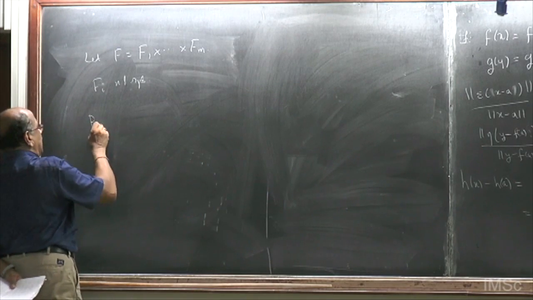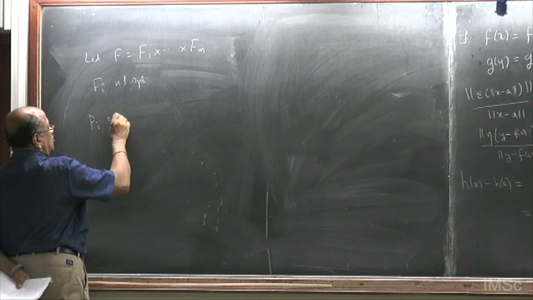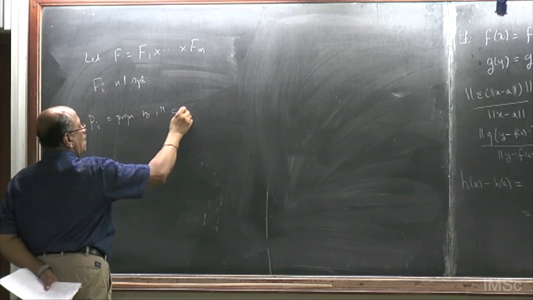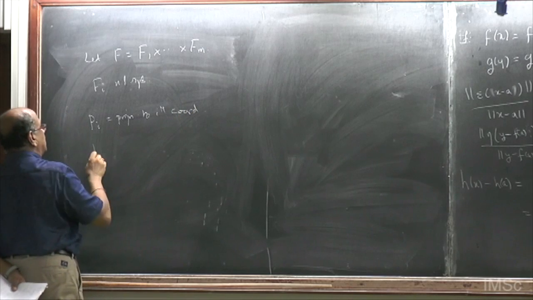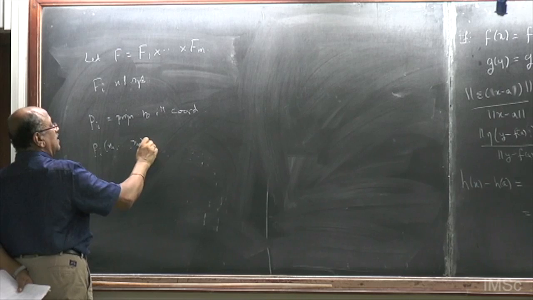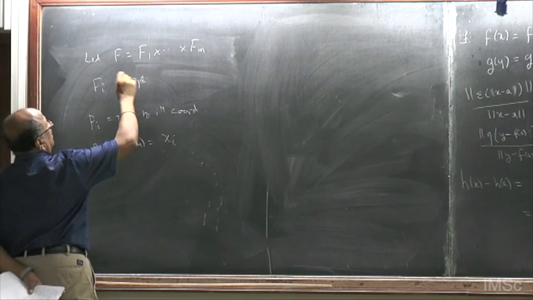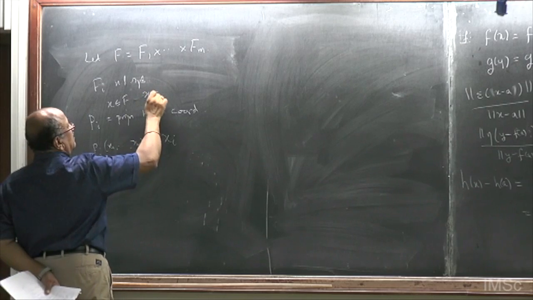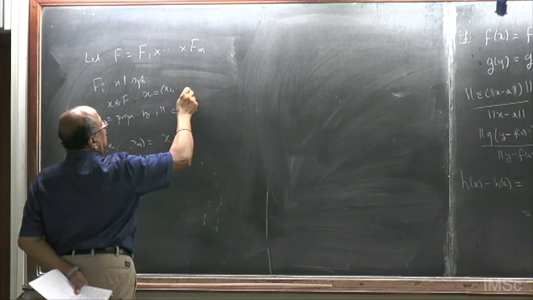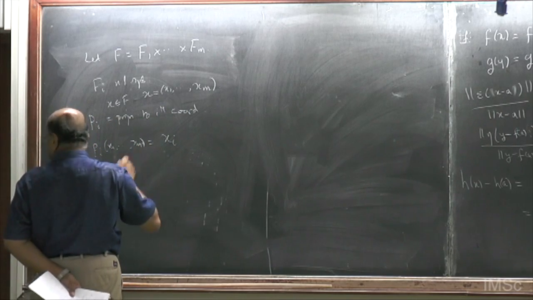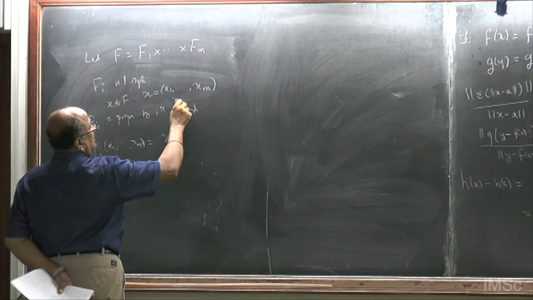So, let pi equal projection to the ith coordinate. That means pi of (x1, ..., xm) is xi, where any x in F you can write x equals (x1, ..., xm), where xi is in Fi.